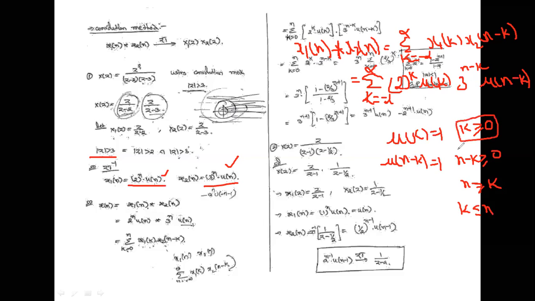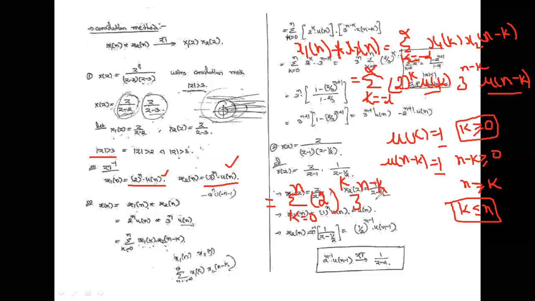Now k is greater than or equal to 0 and k is less than or equal to n, so within this range it is 0 to n. Now I change this to the sum of k equal to 0 to n only, the intersection range, of 2 power k and 3 power n minus k. And the two functions mu of k and mu of n minus k have the value 1.